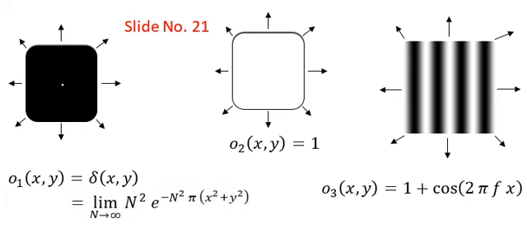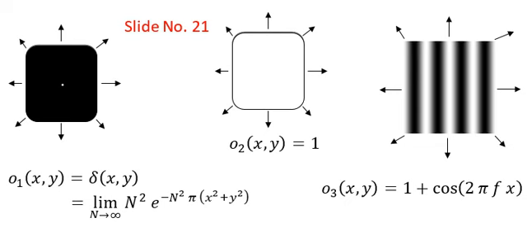The second function in the middle is a plane wave. The arrow shows that the plane wave has infinite extent in all directions, and we have named it the O2 function, and O2 is equal to 1. We have dropped the constant phase factor, because a constant phase factor with the plane wave would not change the physics. So O2 of xy is equal to 1. It is a plane wave of unit amplitude of infinite extent. The third object on the right is a sinusoidal function.